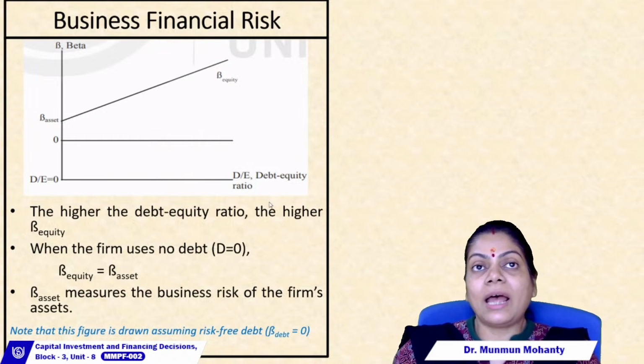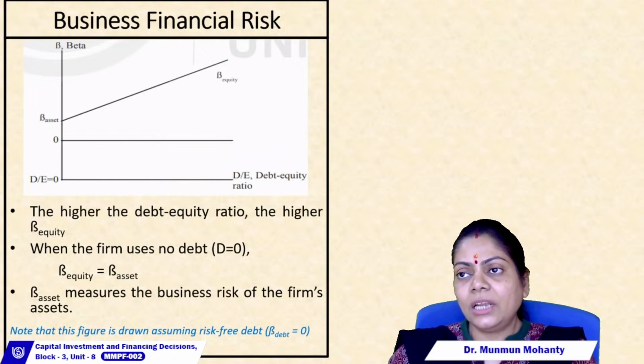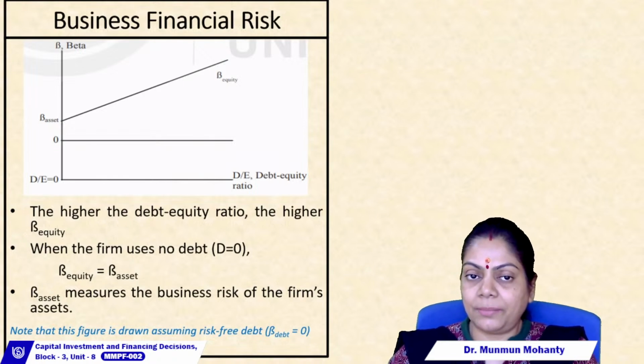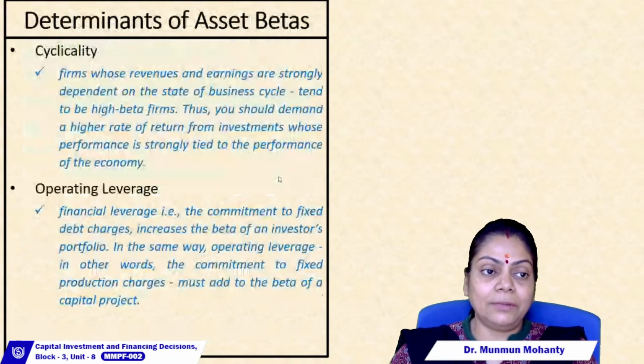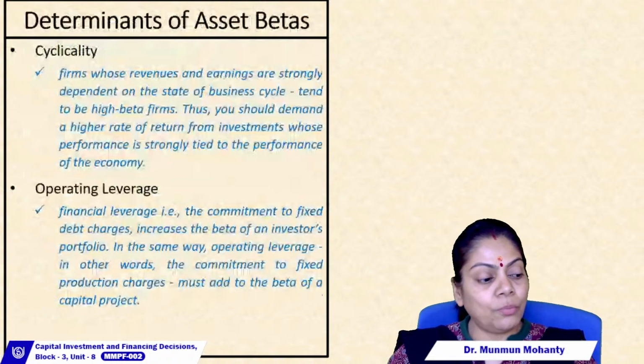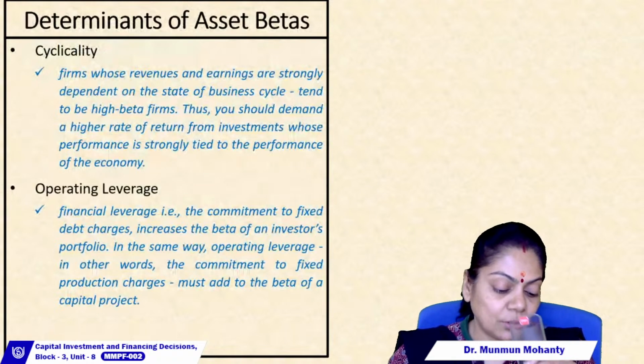So a company could have both together, business risk as well as financial risk. It can also have only one of the risks present. Okay, so when we talk about the asset betas, which are the dominating factors that affect the asset betas?